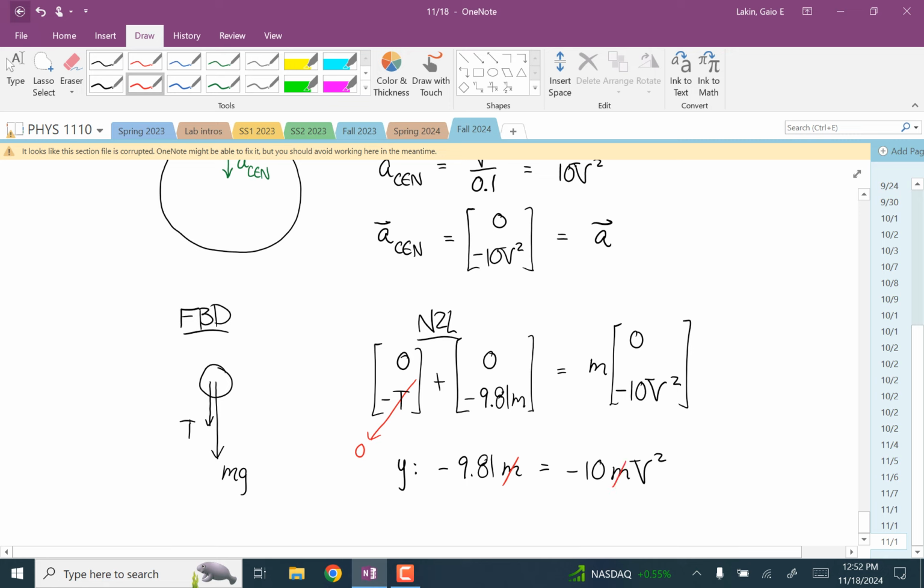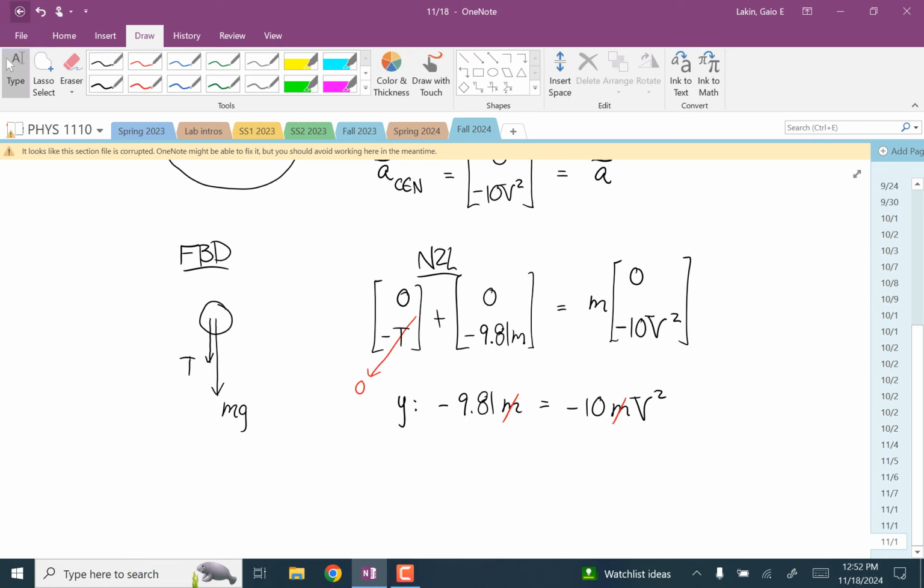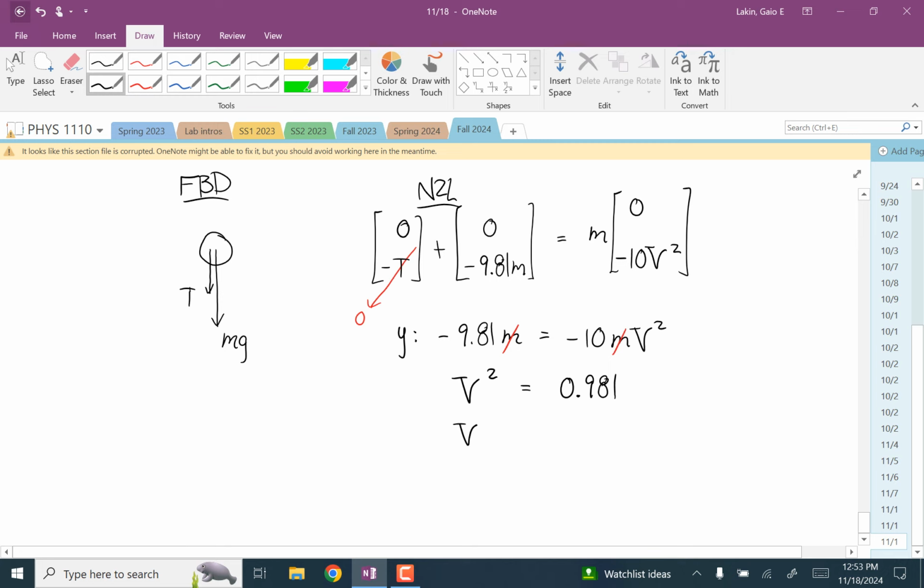Divide both sides by m. And you get that v squared is equal to 0.981. And so v is equal to plus or minus 0.990. And we want the positive, it's a speed.